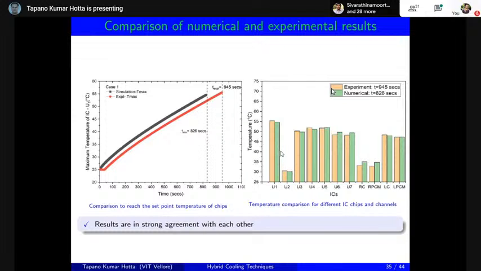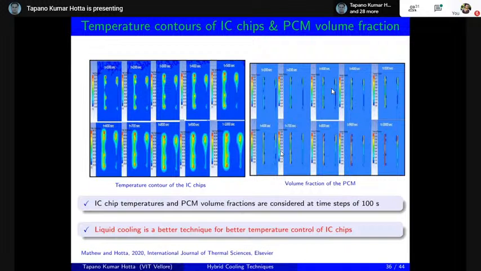But of course, there was a challenge in carrying out the numericals, because when you deal with this enthalpy porosity model, the PCM you have to handle extremely carefully. Otherwise, there will be much deviation from the experiment. But here we found almost a good match between experimental as well as numerical results. And these are the temperature as well as volume fraction contours here.